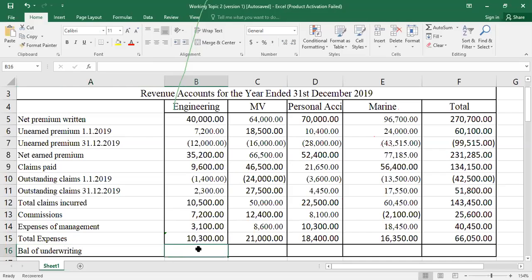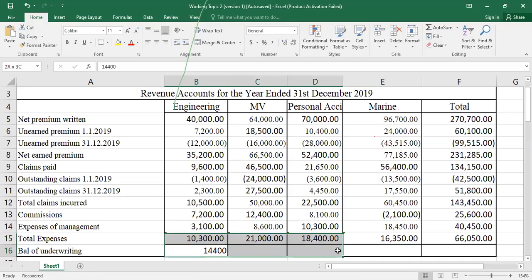So what are you going to get for the first item? We have the net earned premium, and we are lessing all the other amounts. What are you getting? It was 14,400. Positive or negative? It's positive, so it's a profit, right?